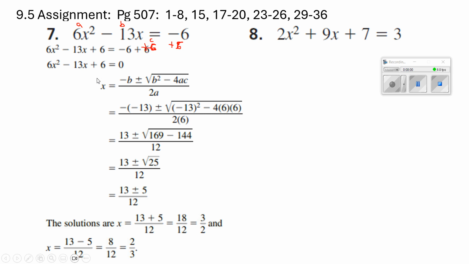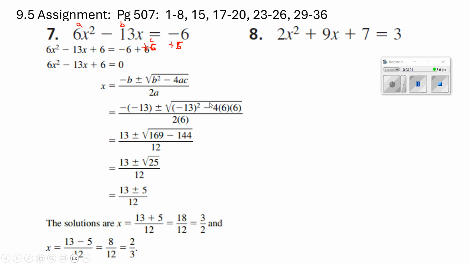My B will be negative 13. My A will be 6, and my C will be 6, so that's 6 times 6 here. And so now we're going to have negative times a negative is a positive 13. 13 squared is 169, so negative 13 squared is still 169.